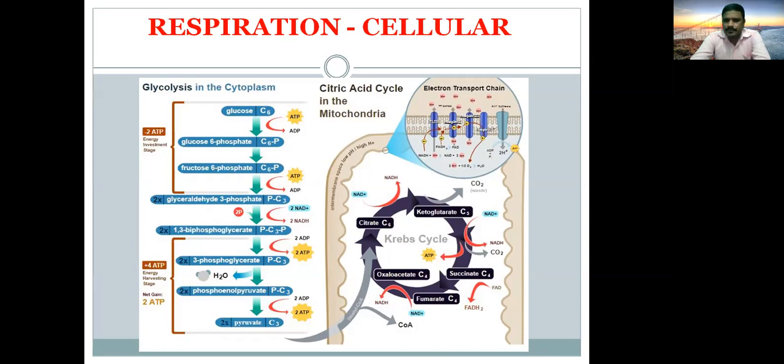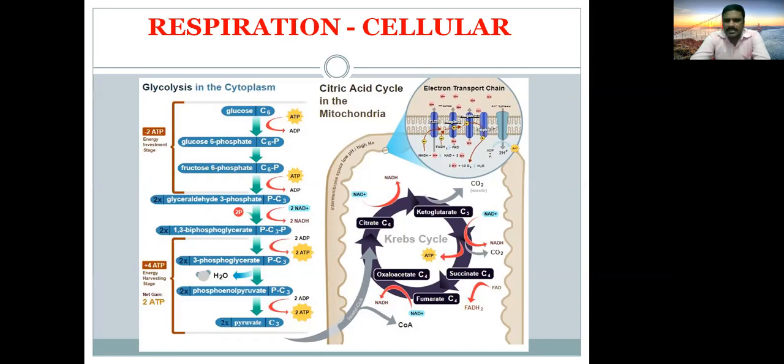Now, glucose has 6 carbons in it. We need to liberate energy from that glucose. That means we need to cleave the bonds between these 6 carbons present in the glucose. So if we want to get energy from something, you have to break it down, cleave it, digest it. This will be done in respiration.